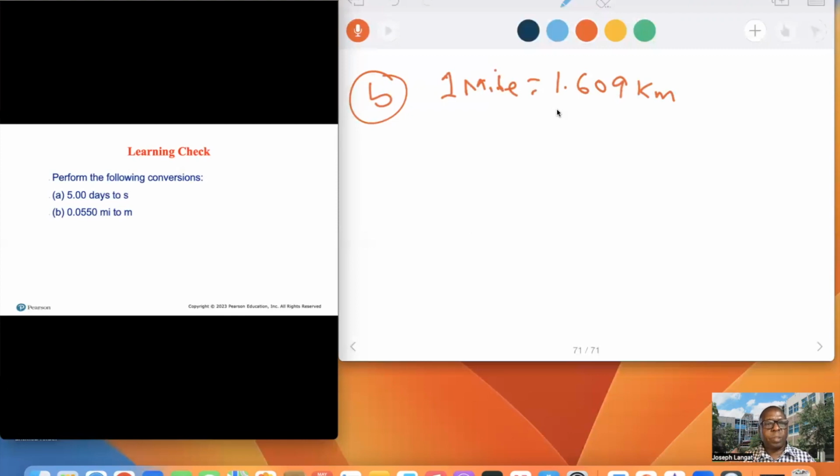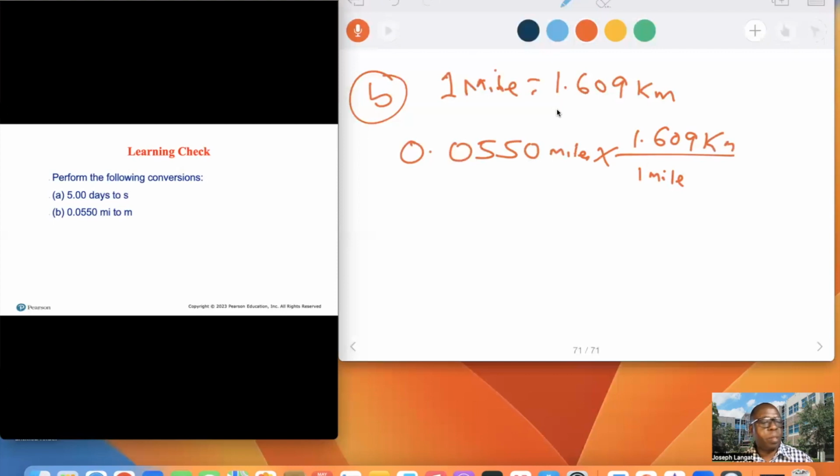If I want that change, it's going to be what? This is 0.0550. So here 1 mile equals 1.609 kilometers, times 1,000 meters per kilometer, so that we cancel units.